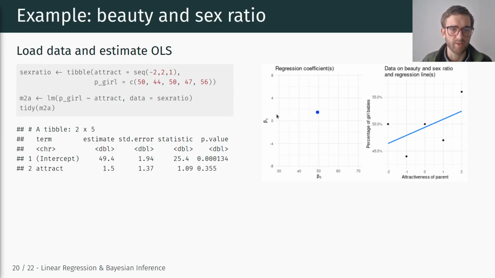We have a slope of around 1.5 and an intercept of around 49, of course, because the chance of having a boy versus a girl is close to but slightly less than 50%, and we see the slope here with an increase in this attractiveness score. We see an increase in the percentage of girl babies, okay?